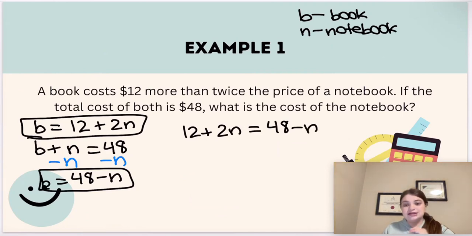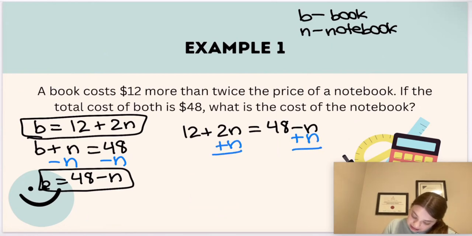My next goal is to get everything with n on the left and everything without on the right. First, to undo the minus n on the right, I'm going to add n to both sides. I get 2n plus n is 3n, and over here I get nothing.